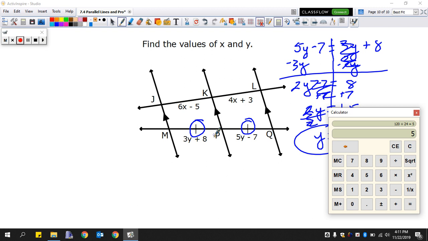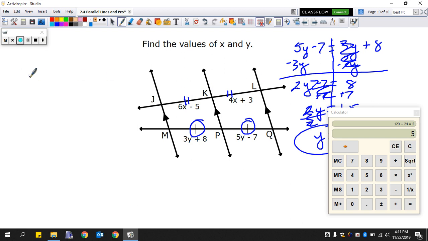If it's proportional, then JK and LK are also congruent to each other. Because we have parallel lines, these distances here are also congruent to each other.